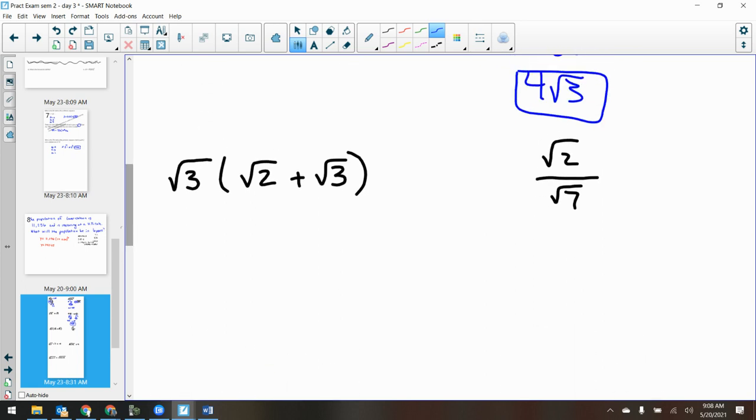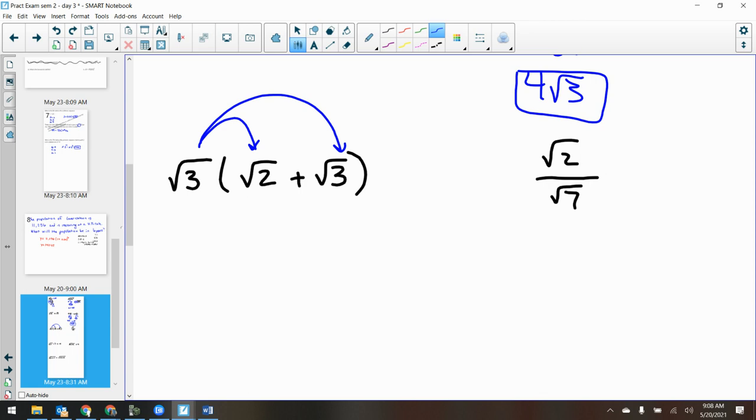Let's do each of these. We distribute this in.